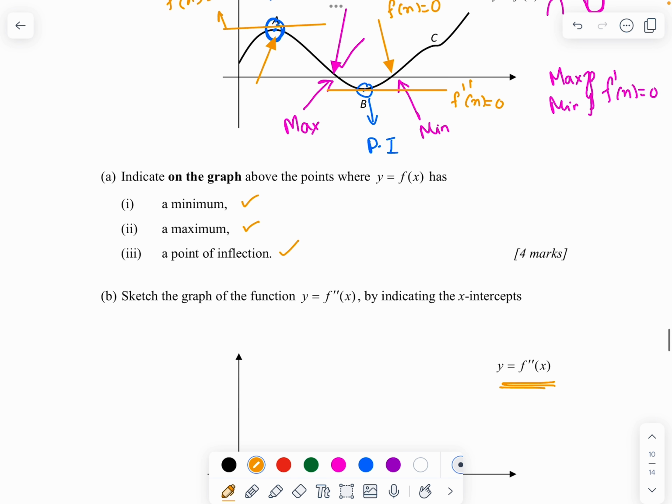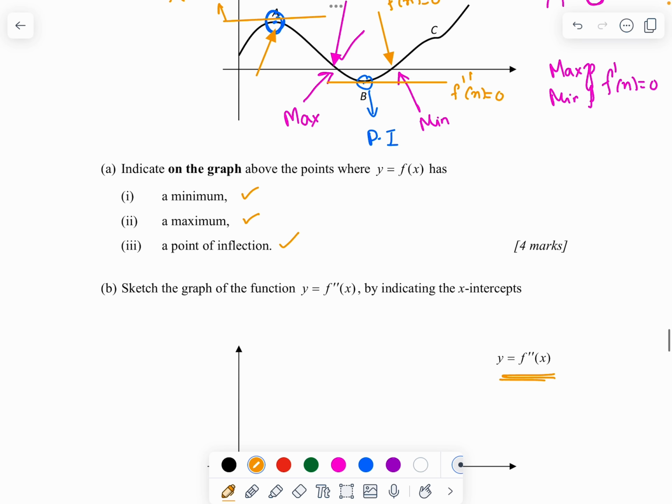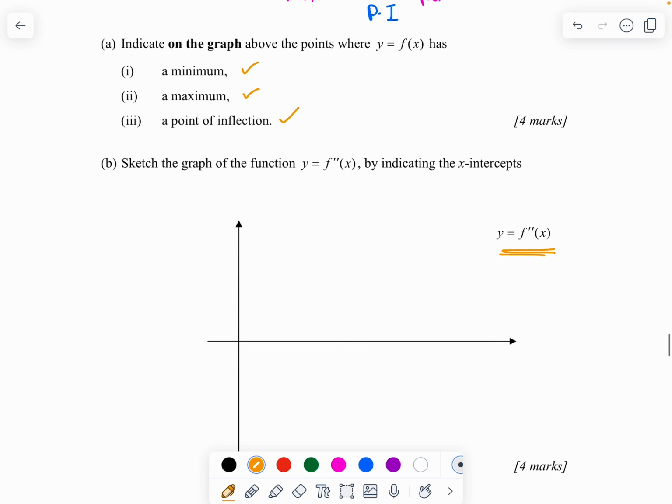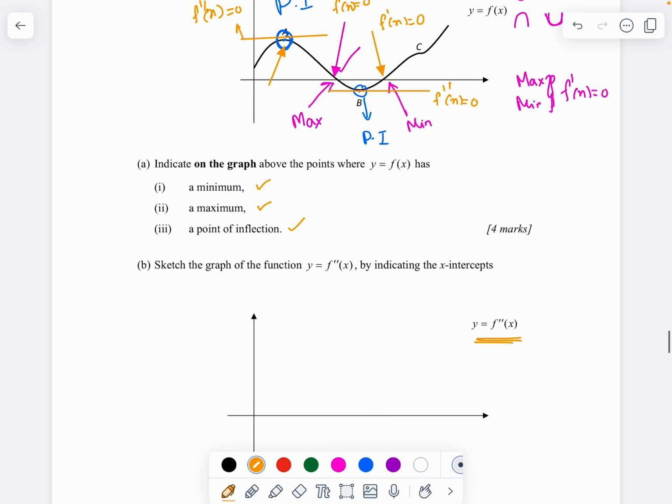We came to know that f double prime x is 0 at A, exactly at A. Over here it will be 0, and over here also it will be 0. So there will be a point on the x-axis over here, because this is a graph for f double prime x.